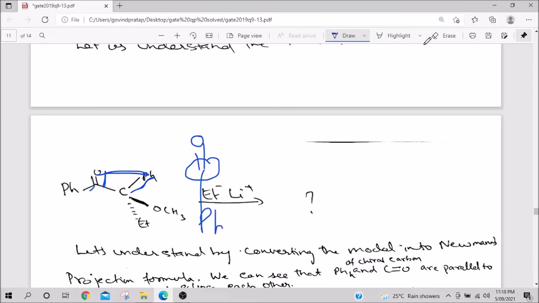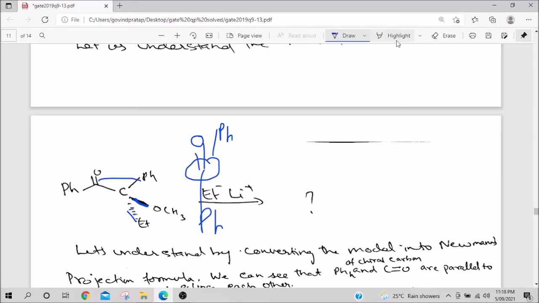And then what happens is, this Ph is eclipsing this C double bond O, right. You can see that. So, you draw Ph here. Now, this OCH3 is coming outside the screen towards the viewer, and this ethyl is inside the screen, correct.